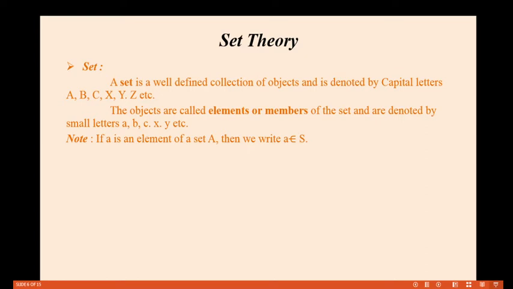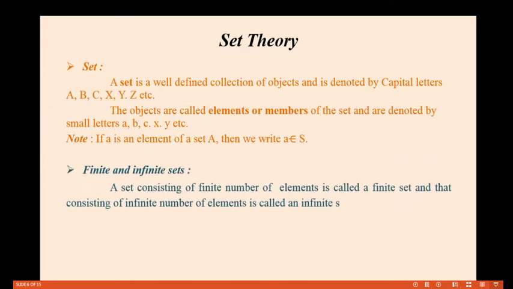That is, you are collecting the objects following the same property, and that is called the collection, which is well defined. So now if S is any set, then an element of set S is denoted by a belonging to S.